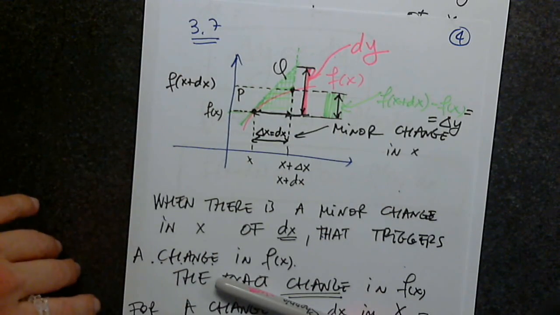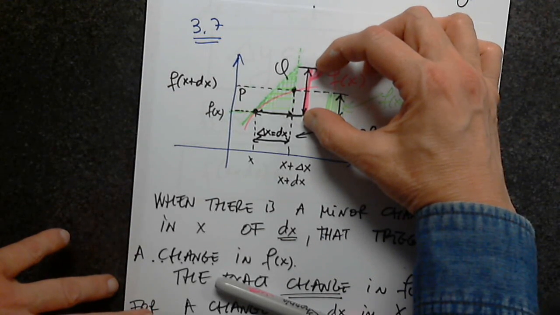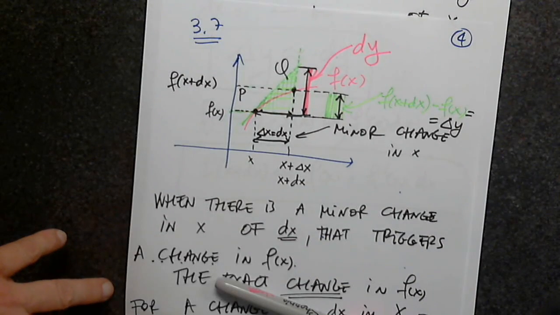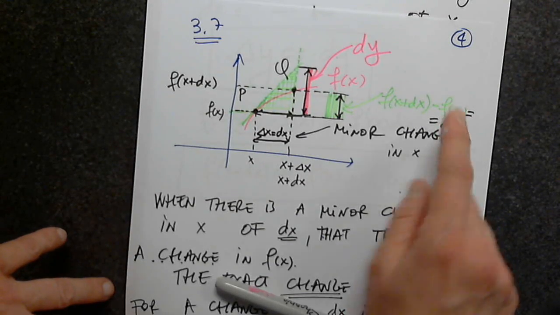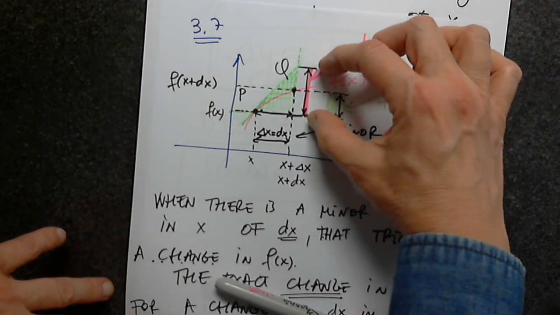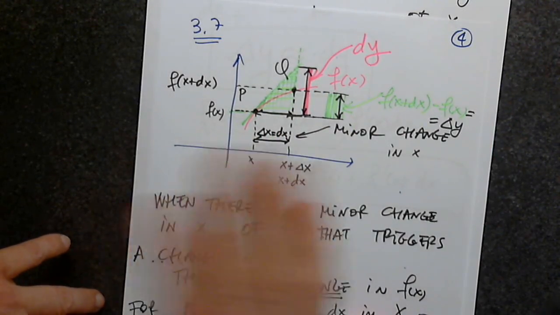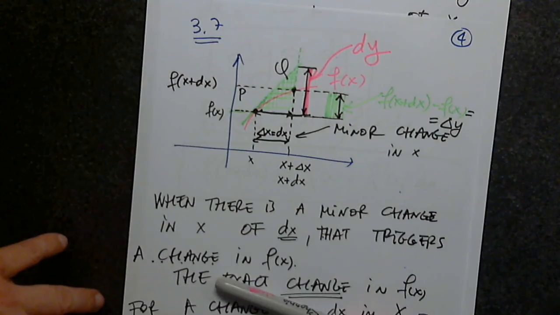But if it's allowed some error, I would rather determine that error using this, f prime of x dx. It's just the product, f prime of x dx, and I'm done. I don't need to calculate this. I don't need to calculate that. I only calculate f prime and multiply by the error of dx, and I'm done. It's much easier than this. But again, delta y and dy are not identical.